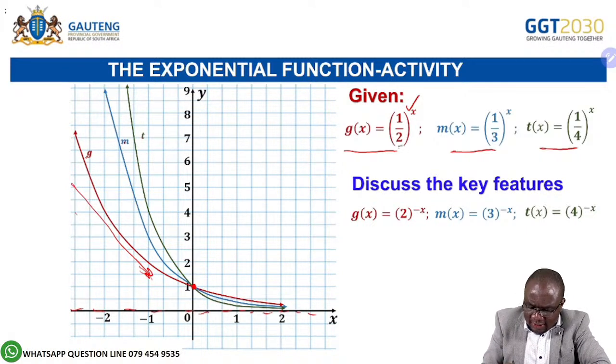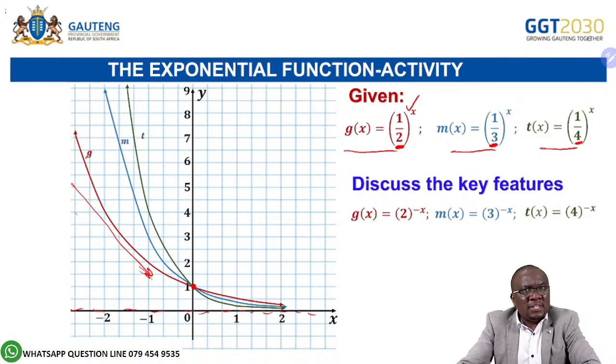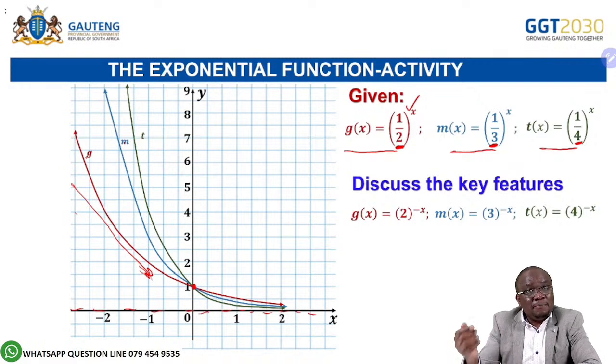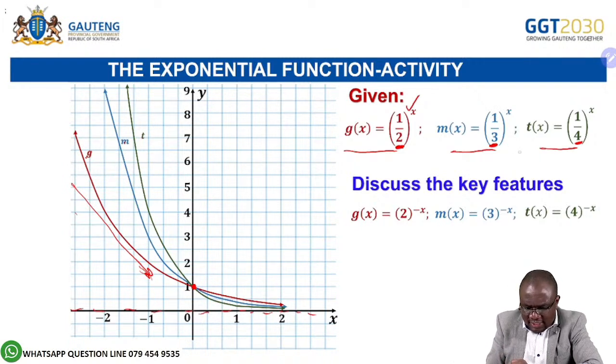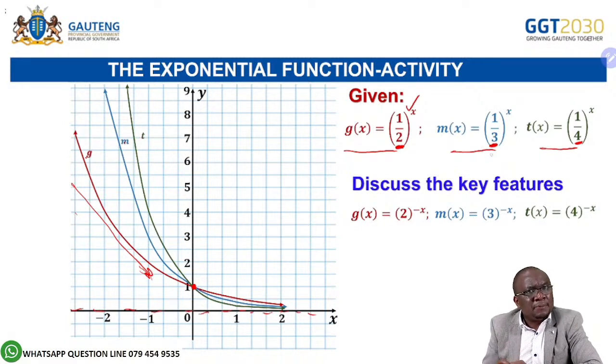Now let's check the fractions here: 1/2, 1/3, 1/4. Which one is the smallest fraction? 1/4 is the smallest. But in the previous discussion, you said that if b increases, the graphs become steeper. Do you remember that? But now it seems like when b is decreasing, that's when the graph becomes steeper.